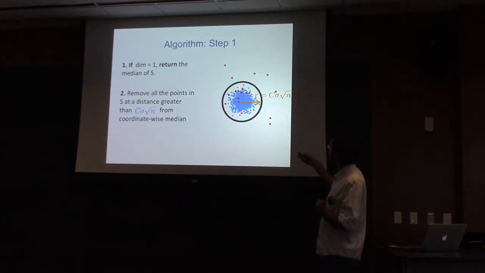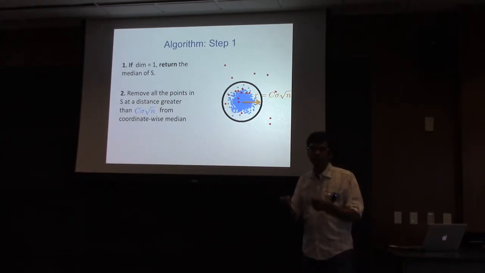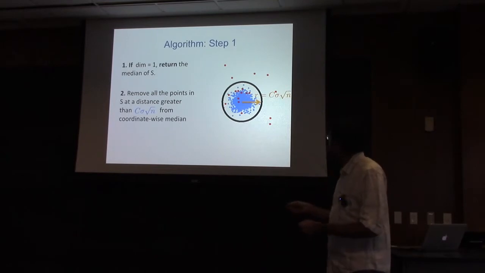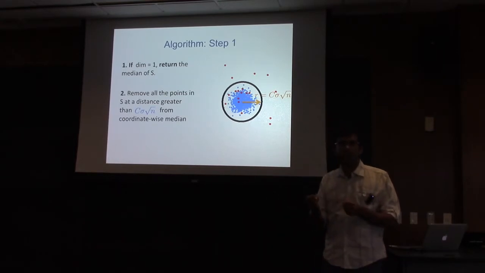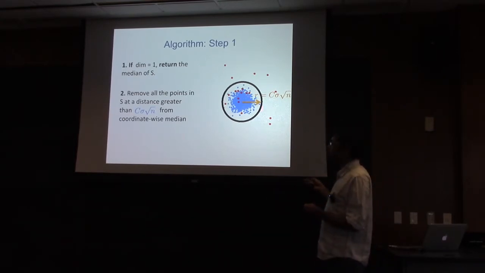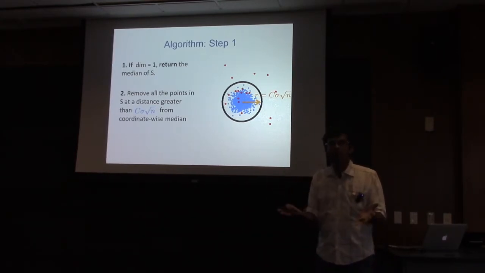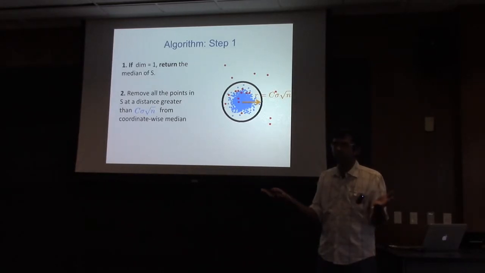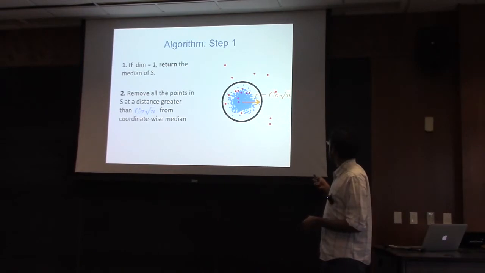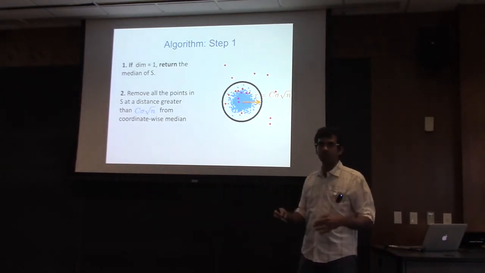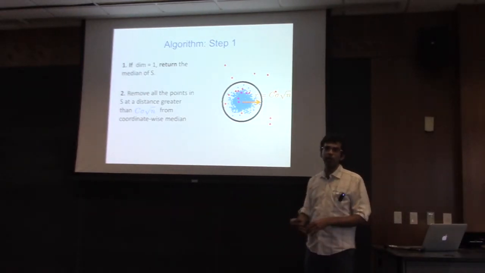Once we have done this procedure, we ensure that every point is within a distance of order sigma square root n from each other, and also you preserve all the Gaussian points, because all the Gaussian points are concentrated within sigma square root n of the mean, and we can pick this c large enough so that you preserve all the Gaussian points and throw away only the noise points.